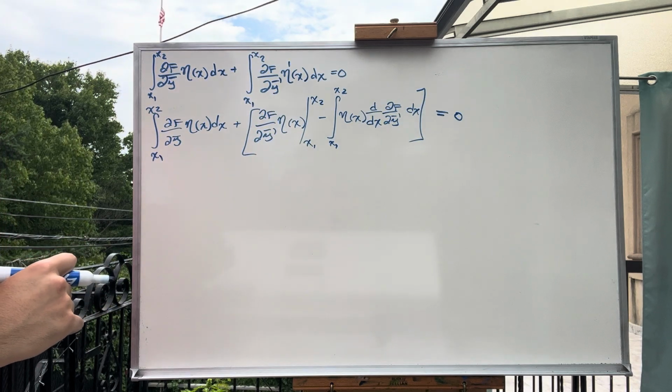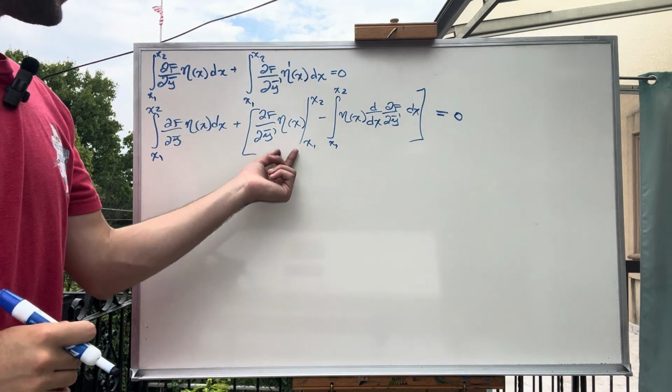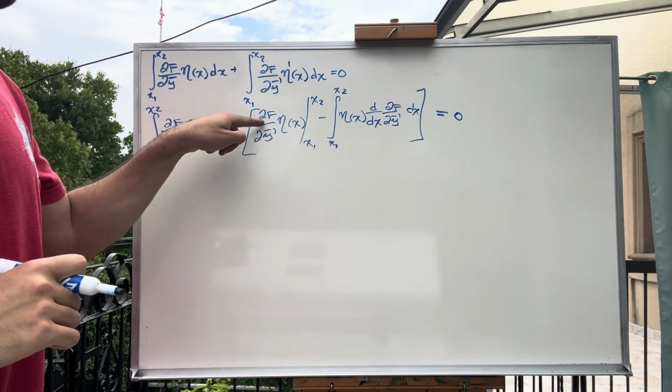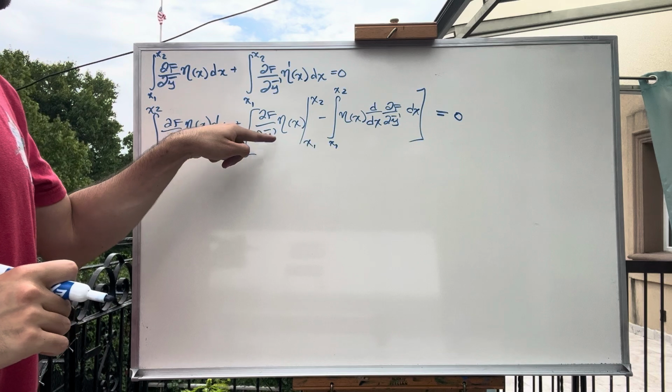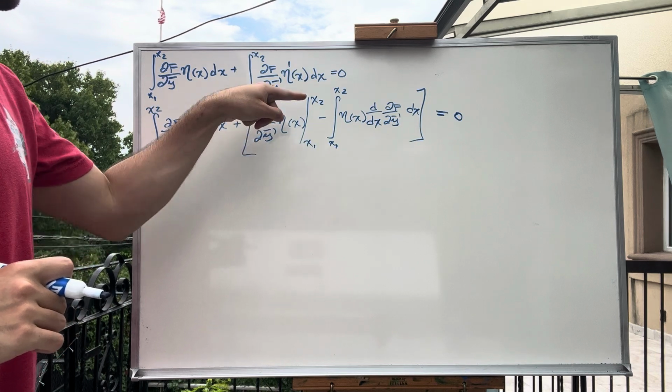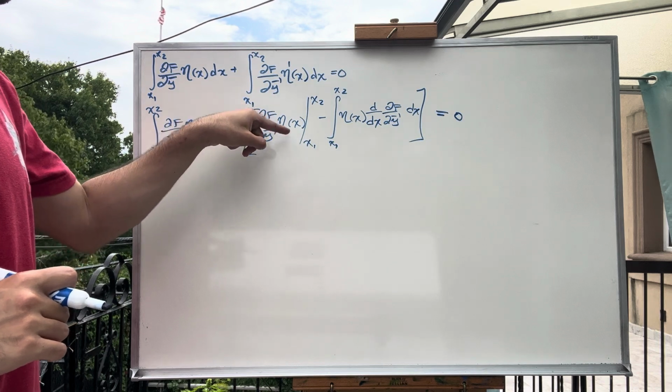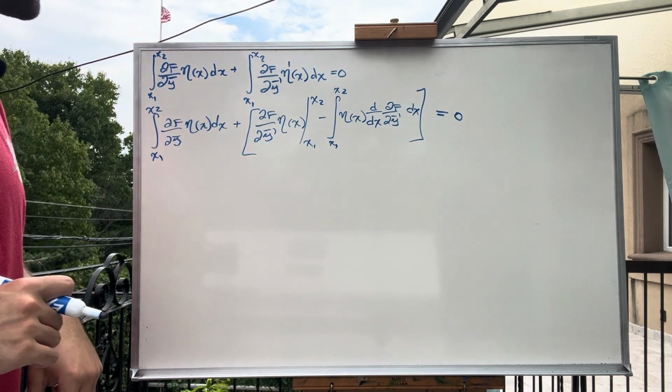Now, when we evaluate this from x1 to x2, we get partial f partial y bar prime eta of x2 minus partial f partial y bar prime eta of x1.